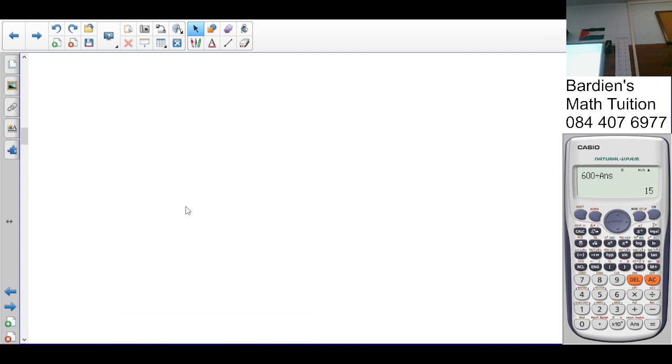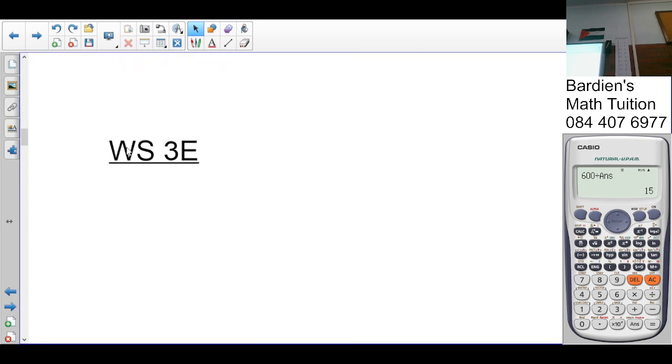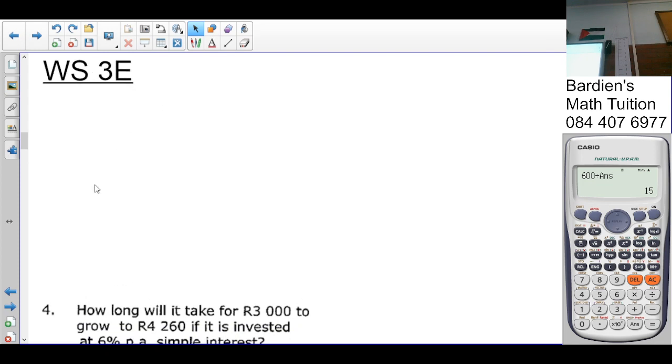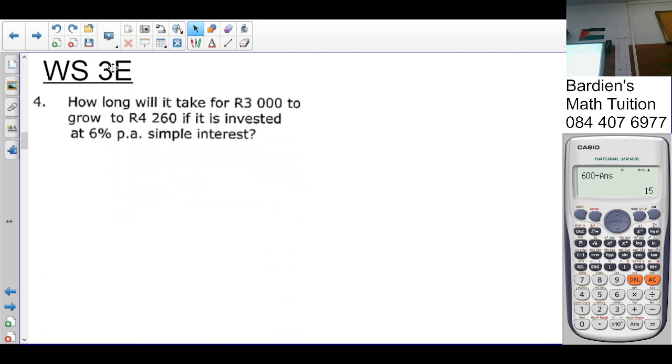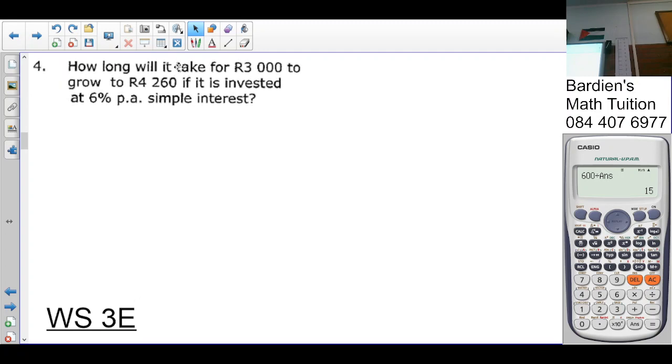Number 4. In number 4 we are told: how long will it take for 3,000 rand to grow to 4,260 rand if the investment is at 6% per annum simple interest? Which formula do I use here?